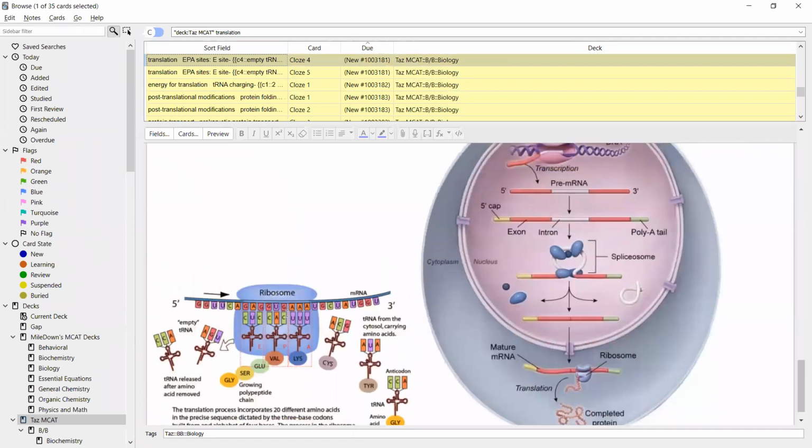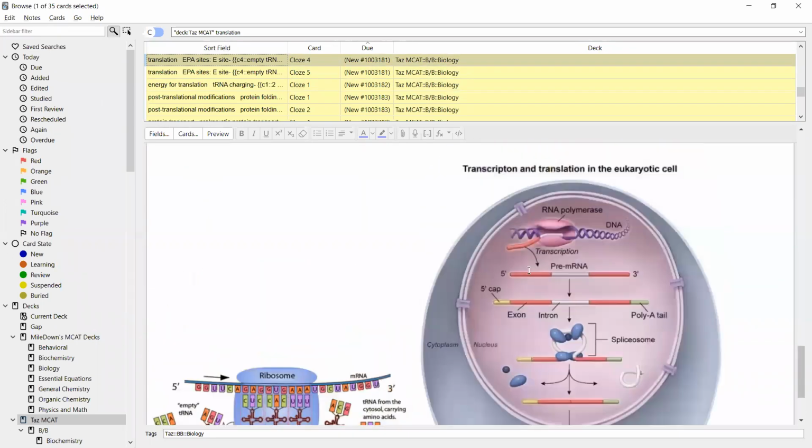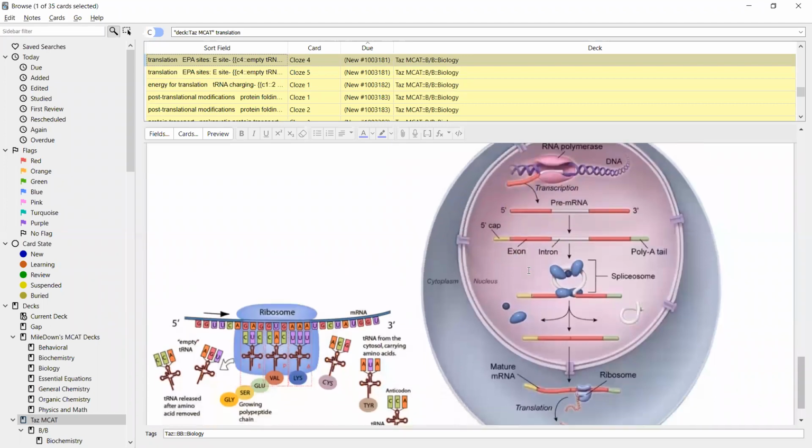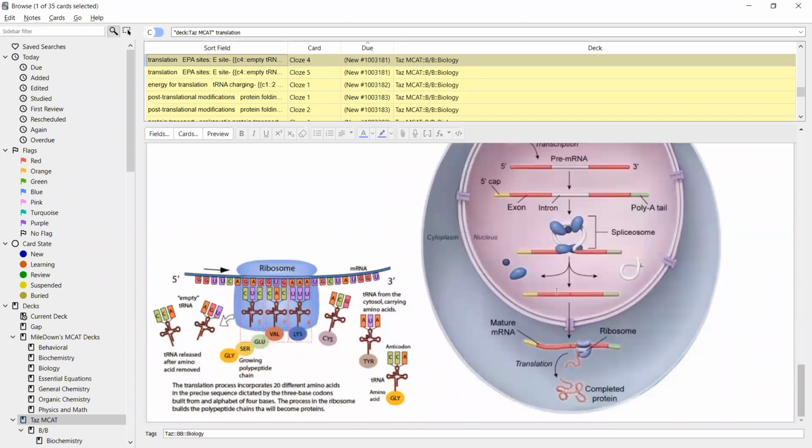We talked about this whole pathway of how this happens. Once the mRNA is created, it comes outside, the ribosome reads it, and then it produces a protein based off of the template that it read.